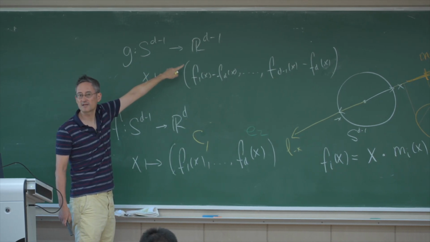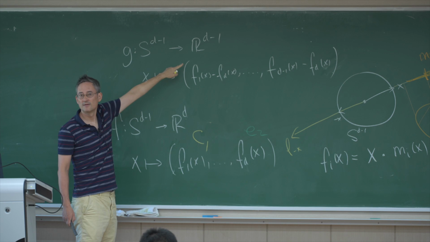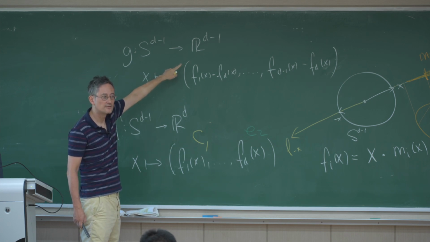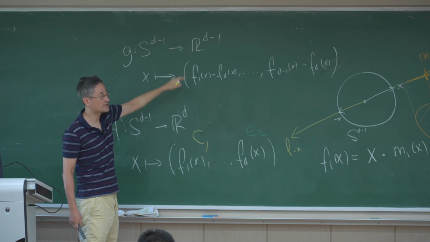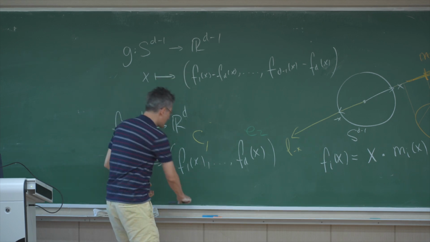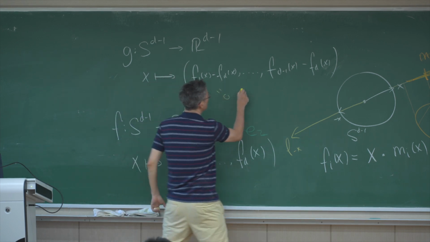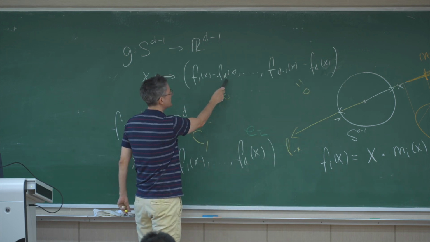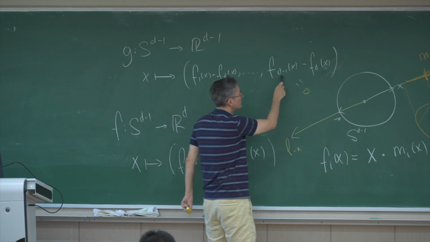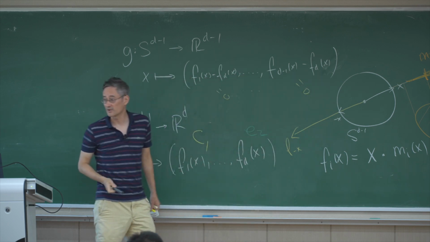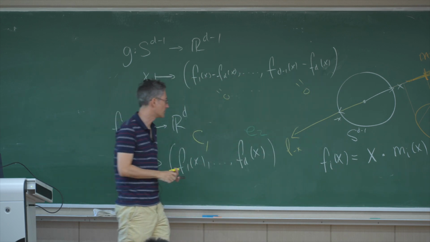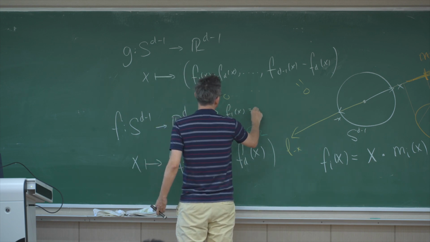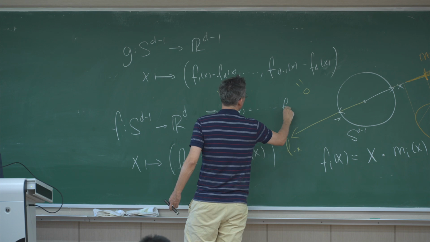So what does Borsuk-Ulam tell us? There's a 0, right? This function has a 0. So there is some x where this equals 0, which means this one is equal to f_d, this one is equal to f_d, meaning they're all equal. Right? So f_1(x) equals f_d(x).